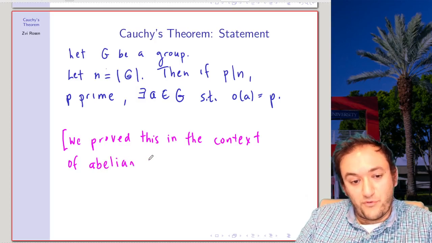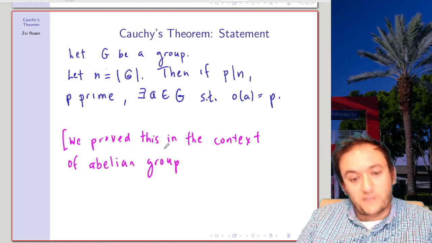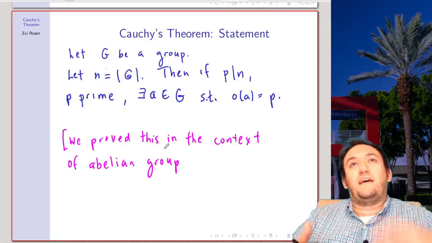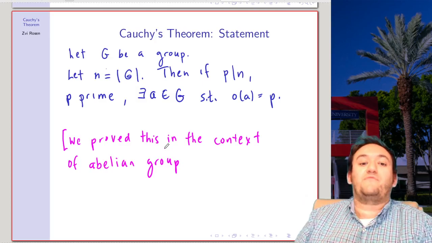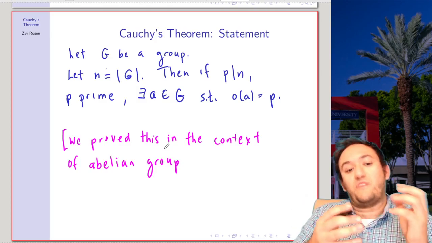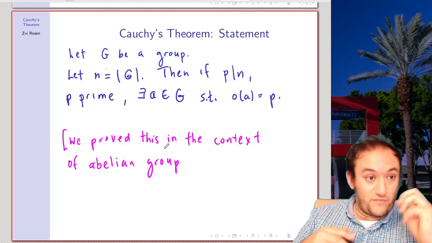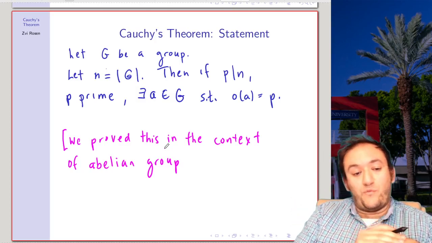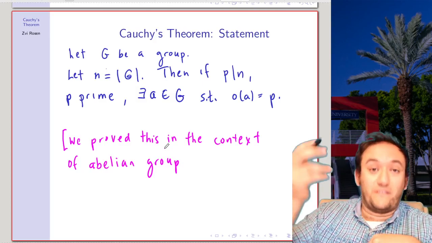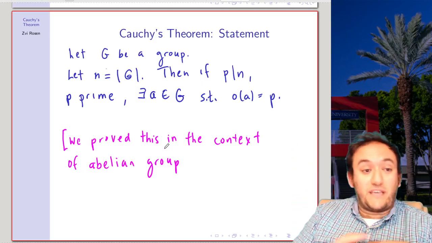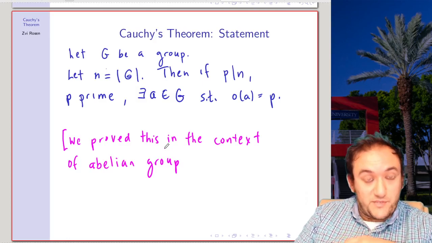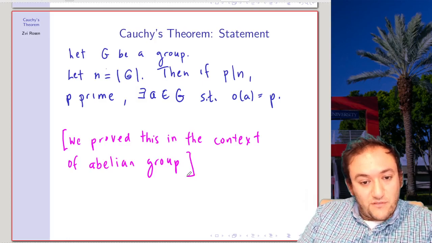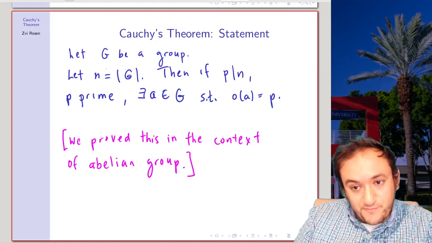The method of proof there was we looked at normal subgroups and quotients by normal subgroups, and kind of used an induction principle: if we knew that we had an element of order p in either the normal subgroup or the quotient by the normal subgroup, then we had it in the larger group as well. Unfortunately, in non-abelian groups, you can't assume that any given subgroup is normal. So we have to have a different approach.